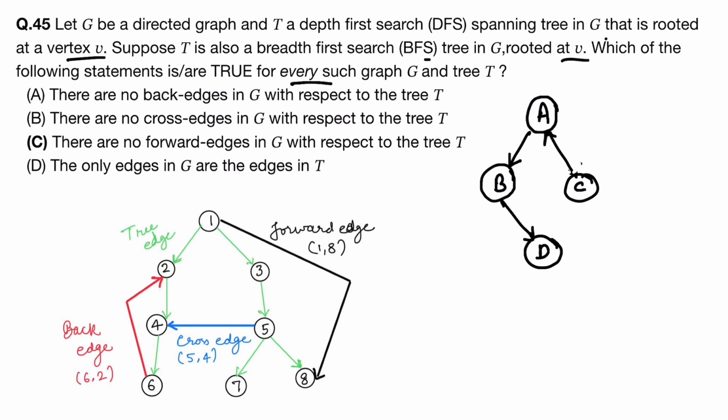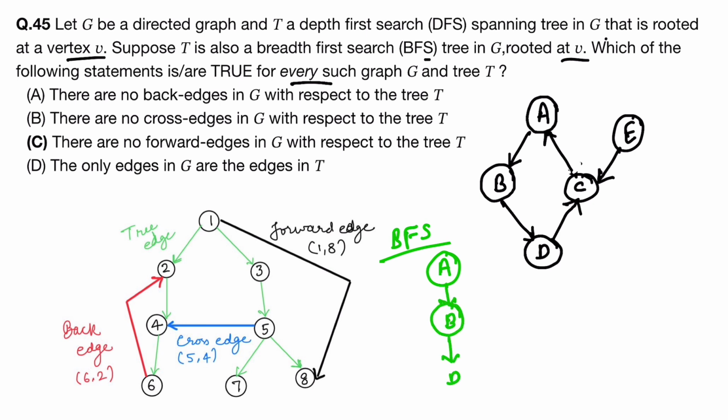This is going from C to A, and this is from D to C, from E to C. So if we draw its BFS, what will its BFS be? From A to B to D to C, okay, and C to A.